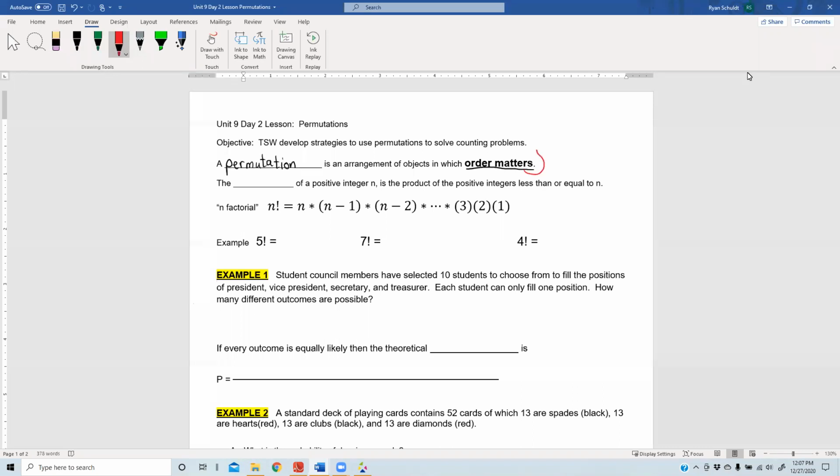So if we put Bob before Susie in the next order, then that means it's a totally new creation. If you change the order, you have a new creation. So I'm just going to make note of that.